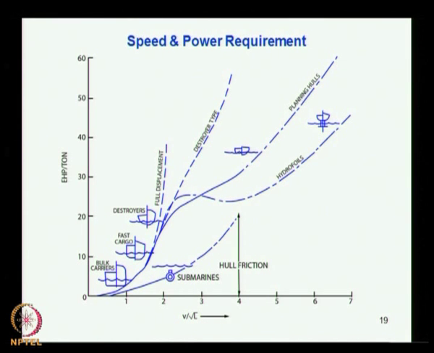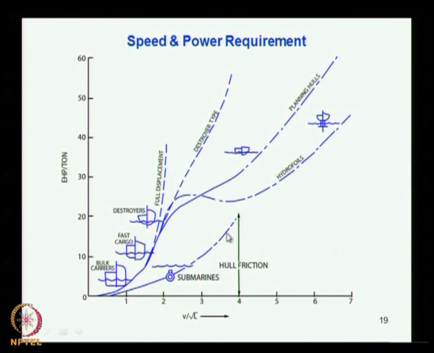Which implies that the vessel can attain a higher speed with the same power. So there are vessels which use this advantage to put the hull above the water and attain high speed.